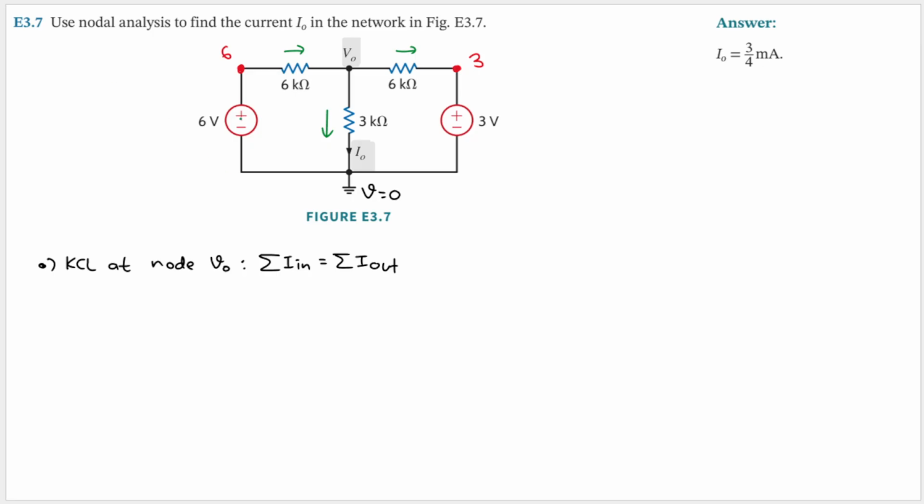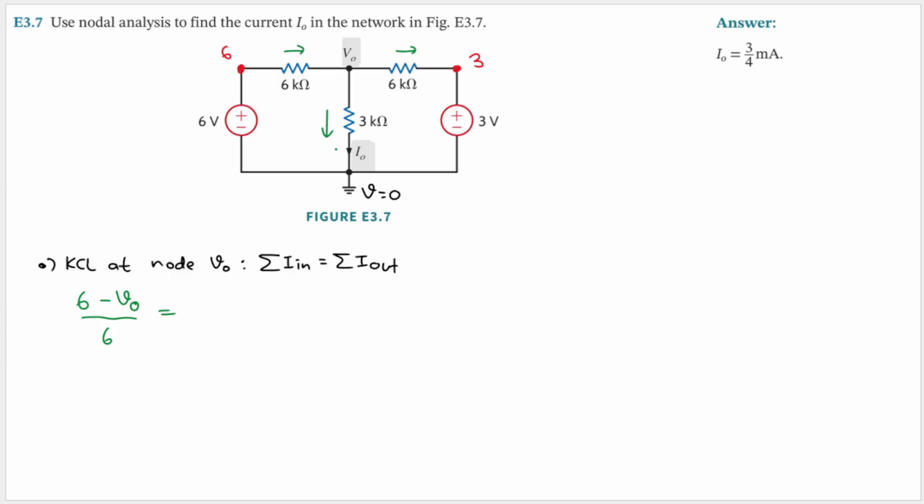Let's write that. So we'll have 6 minus V0 divided by 6. But that is in kilo ohm. Why write 6? No need to worry, because our current will be in milliampere. This is the only current that goes in, and so we put the equal sign because we need to take care of the currents that go out.